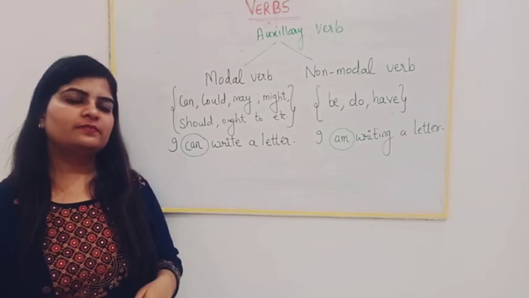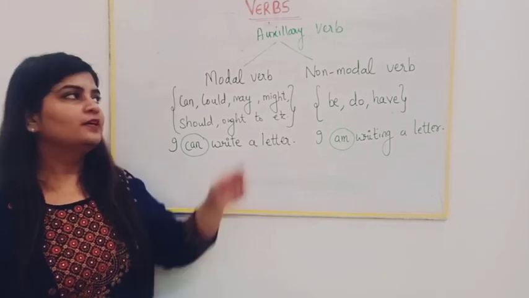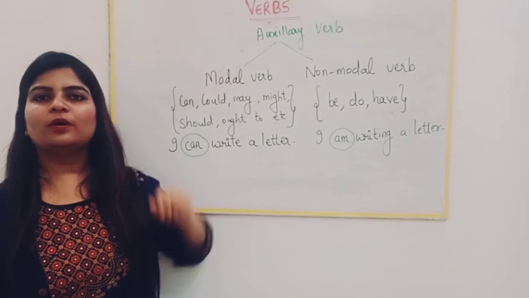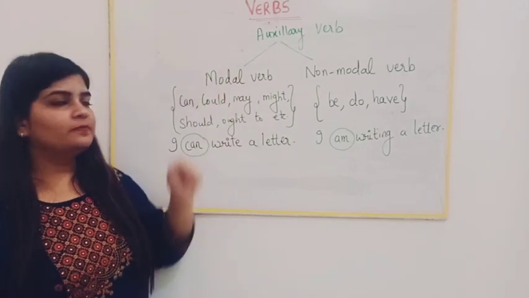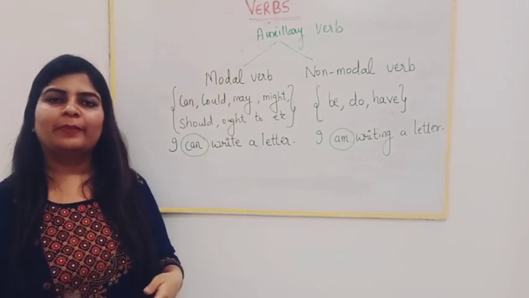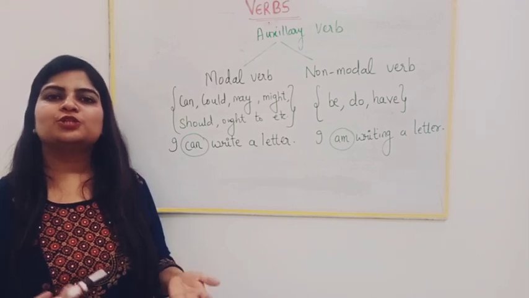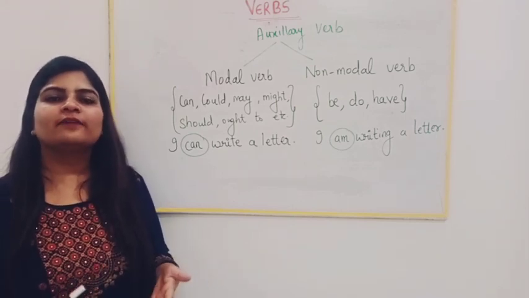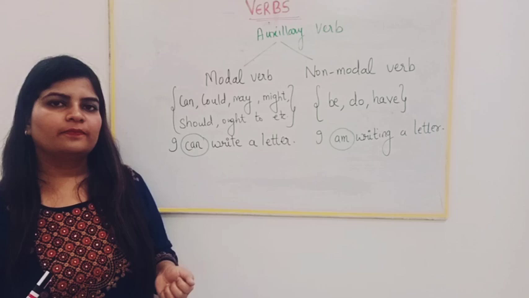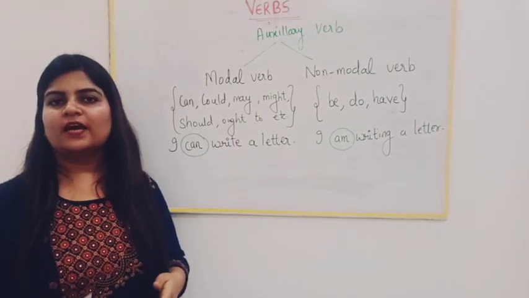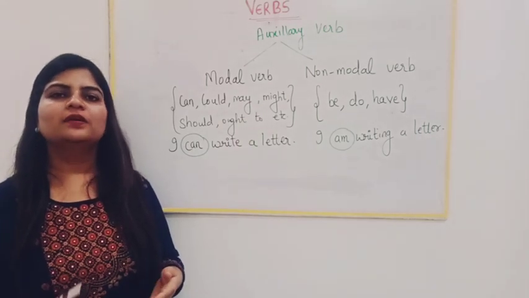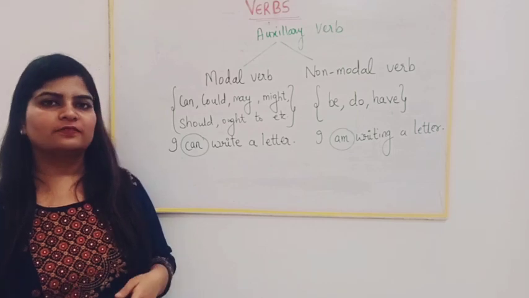Now these auxiliary verbs are also of two types, modal verb and non-modal verb. Modal verbs are can, could, may, might, must, should, ought to, has to, have to, had to, like this. In non-modal verbs, there are the forms of be, do and have.